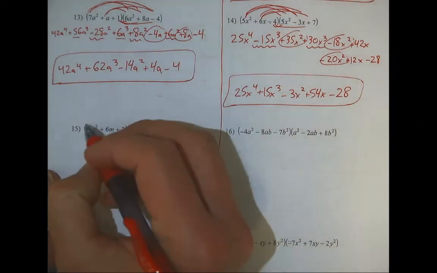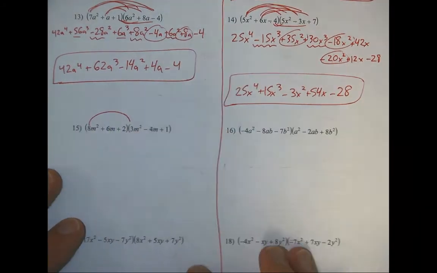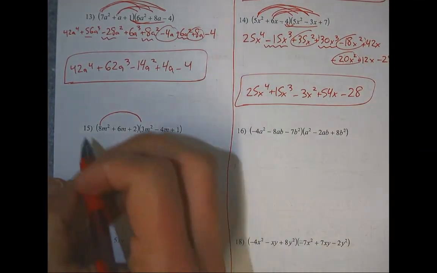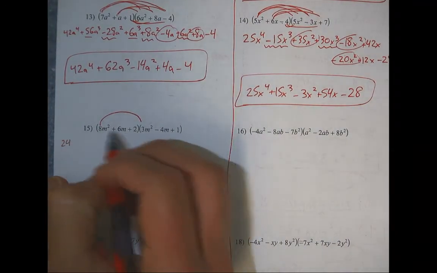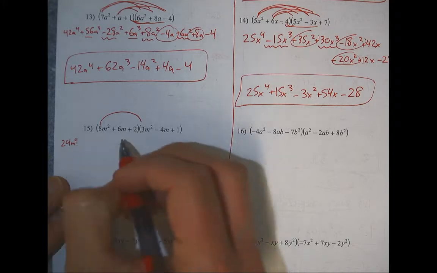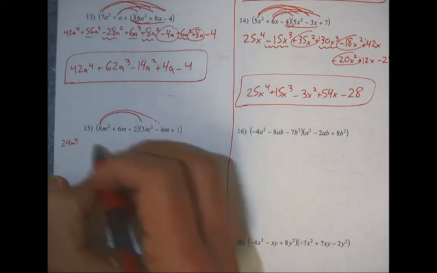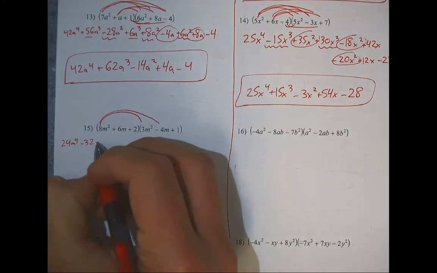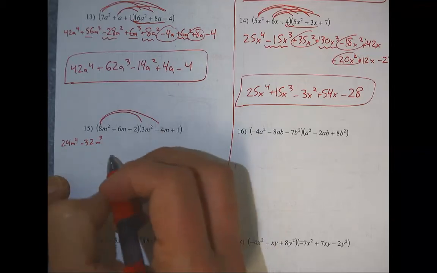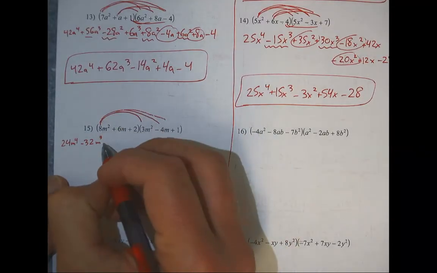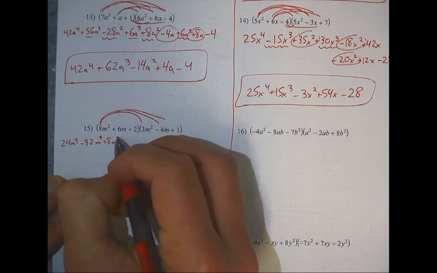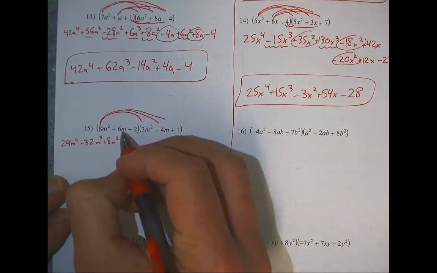All right, same idea. Try and go as far left as I can here. M squared and m squared is m to the 4th. M squared times m is m to the 3rd. Okay, now the 6.